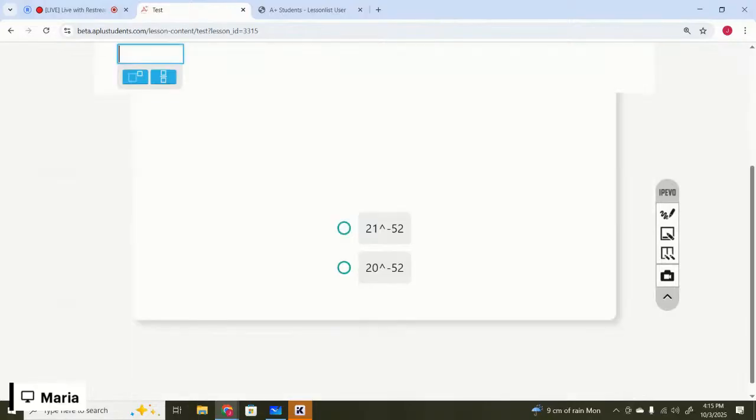So you need to write this in the numerator without the 1.